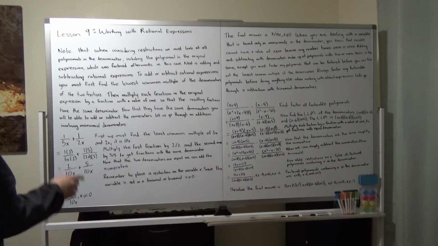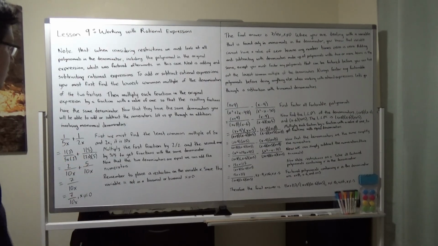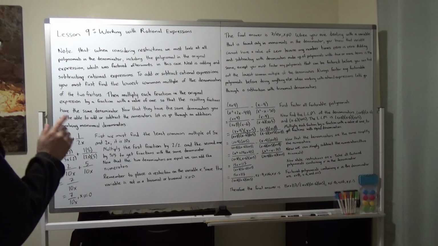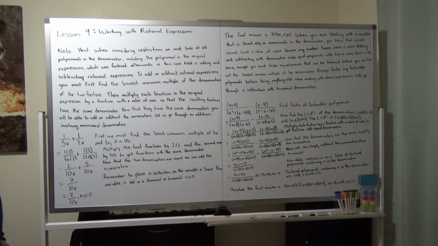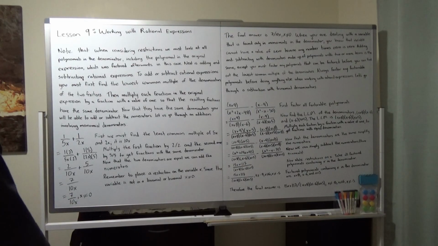Then multiply each fraction in the original expression by a fraction with a value of 1, so that you get fractions with the same denominator. Once they have the same denominators, you can easily add or subtract the numerators.